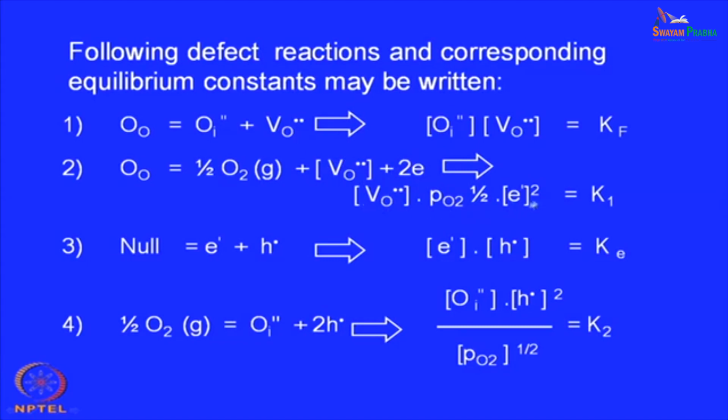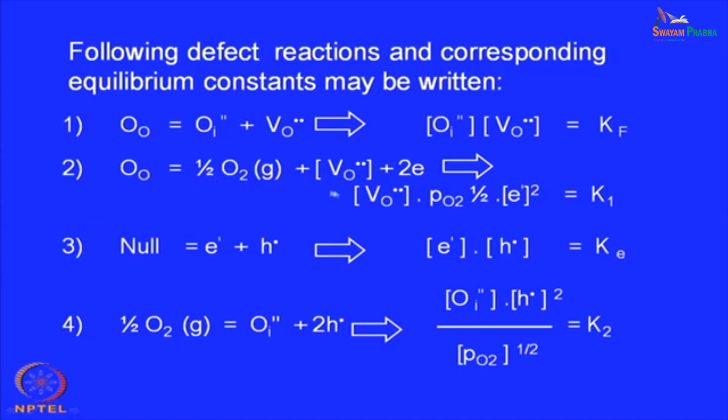Now this is the equilibrium constant for this: concentration of this, concentration of this, concentration of this divided by concentration of that. This concentration is always 1. So we define another equilibrium constant K1, this is Kf, this is K1. In fact, F stands for Frenkel, although it is anti-Frenkel, but actually we are talking about K stands for Frenkel, and this is K1.